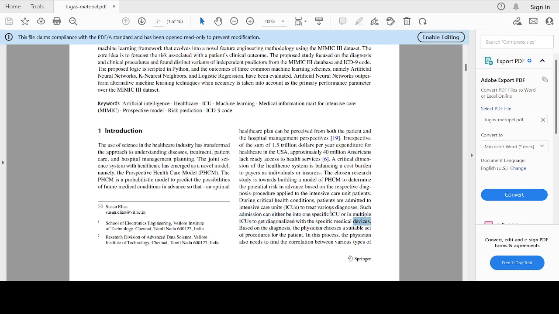So basically, during critical health conditions, this is describing the flow of ICU, in which a patient with emergency condition will arrive at the ER or the emergency department, or in Indonesia IGD or UGD.